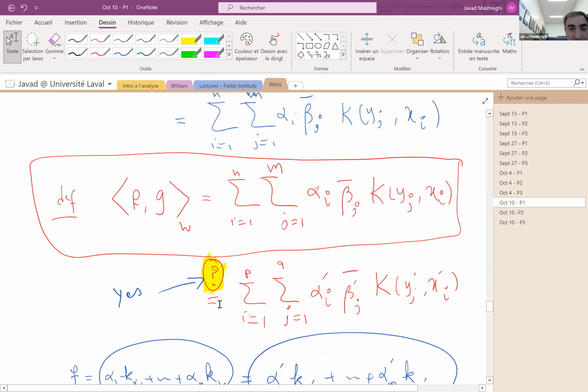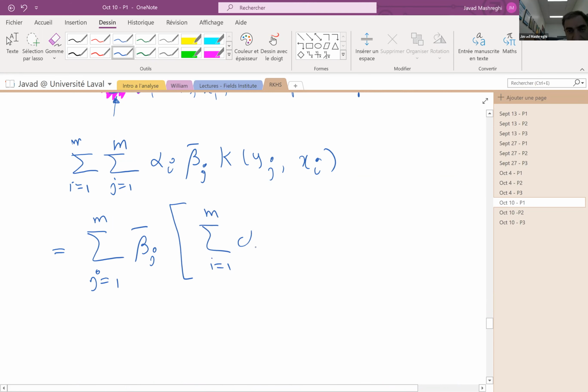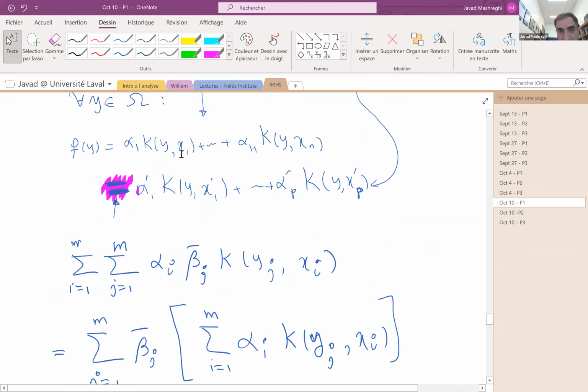We have the identity here. And to do this, I keep the summation over j, so beta j bar, and keep the summation over i inside. You see, the summation is over i, and the purple identity here with y replaced by yj, I can go from this sum to the second sum.